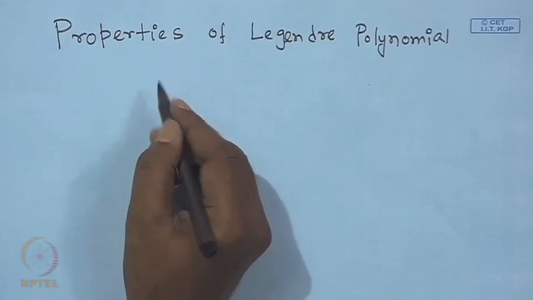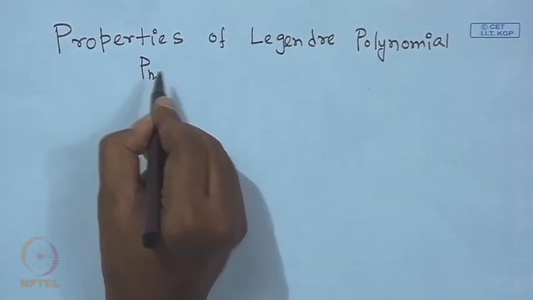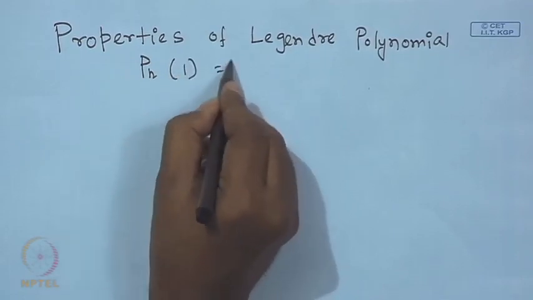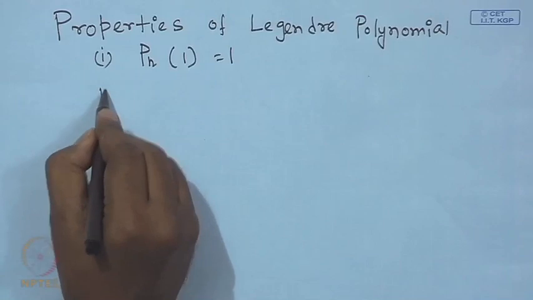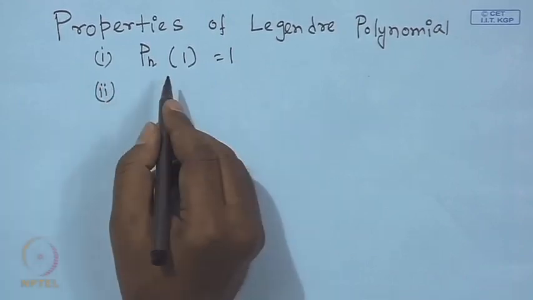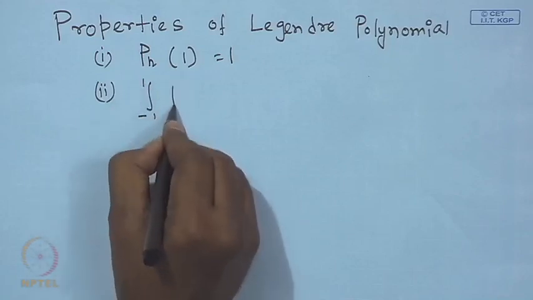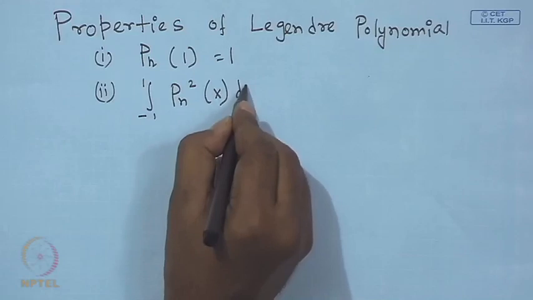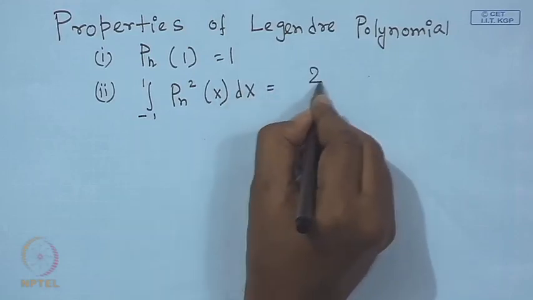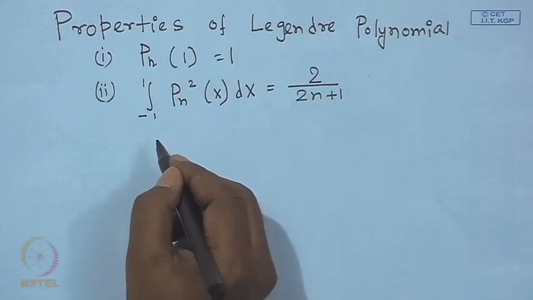The first one is P n of 1 is 1. So, that is the first property. The second one will be the integral from minus 1 to plus 1 of P n square x dx, which will be 2 divided by 2 n plus 1.